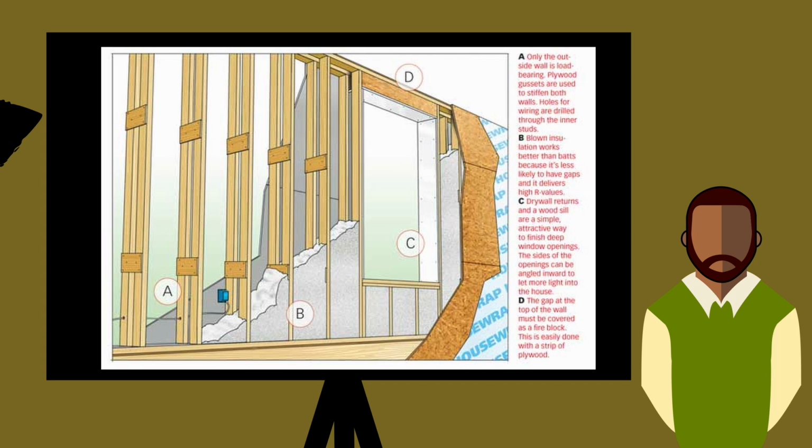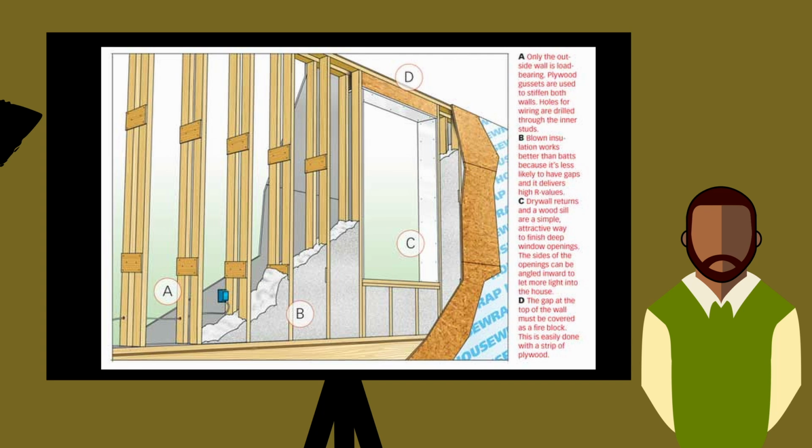Now, if your particular project is going to require as much insulation as a 2x6 would allow, you may be able to increase that spacing from the standard 2x4, which is likely going to be 16 inches on center, to something more like 24 inches on center or 19.2 inches on center.